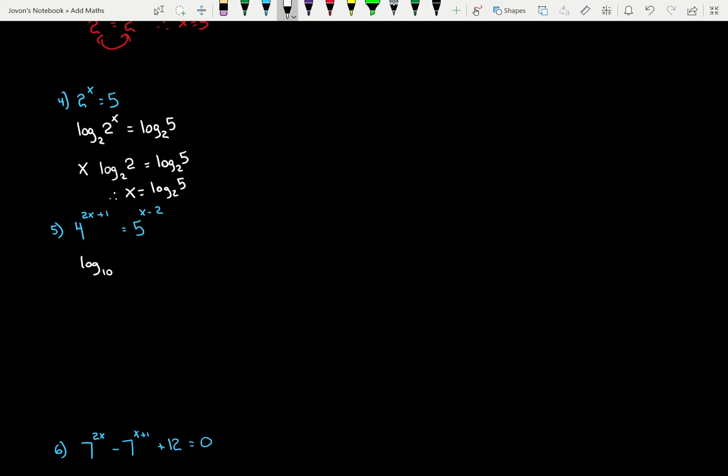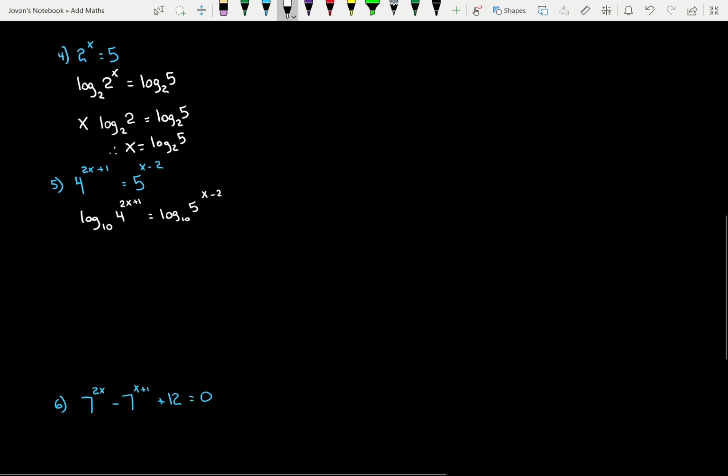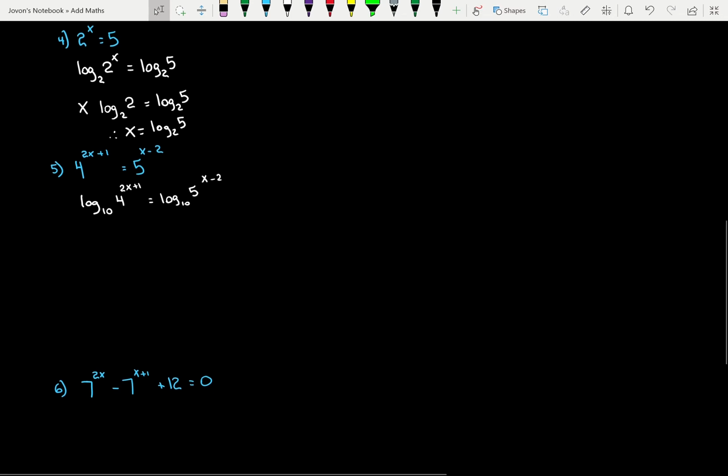Okay, so we'll have log base 10 of 4 to the 2x plus 1 is equal to log base 10 of 5 to the power of x minus 2. So what I want to do here now is bring down the power, so it becomes 2x plus 1 in brackets of log 4 to the base 10 is equal to x minus 2 in brackets of log 5 to the base 10.